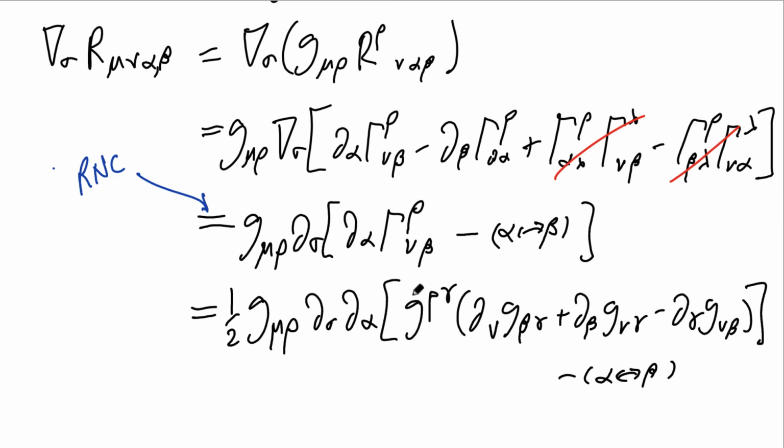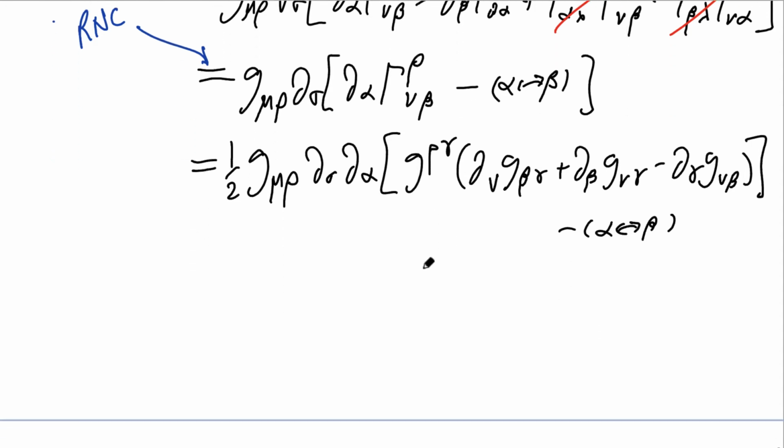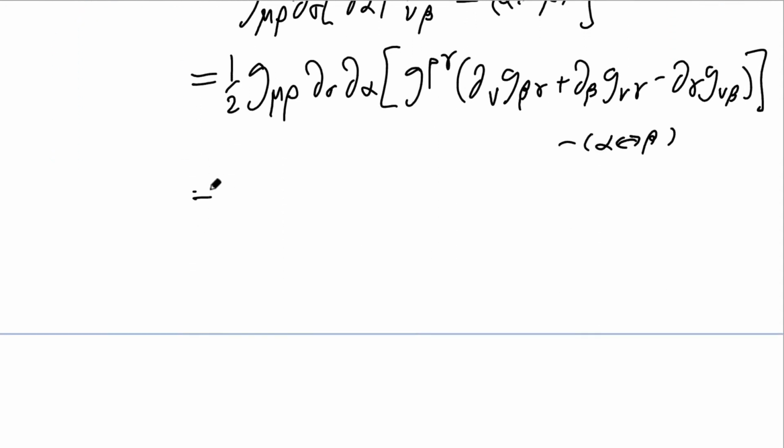But the derivative acting on the inverse metric, remember, is proportional to the derivative acting on the metric itself, and that vanishes in Riemann normal coordinates. So we can ignore those terms. The only terms that are non-zero in this expression are the terms in which both of these derivatives act on these terms in the parentheses here to create third derivatives of the metric.